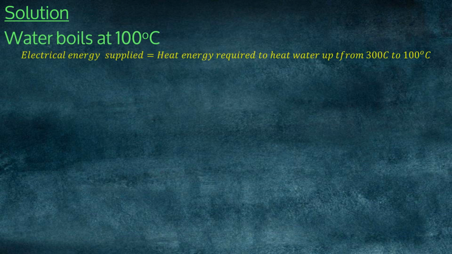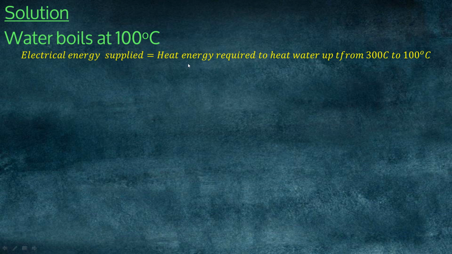Okay, now let me show you in a better organized way. We are saying water boils at 100 degrees Celsius, and electrical energy supplied is equal to the heat required to heat water up from 30 degrees Celsius to 100 degrees Celsius.